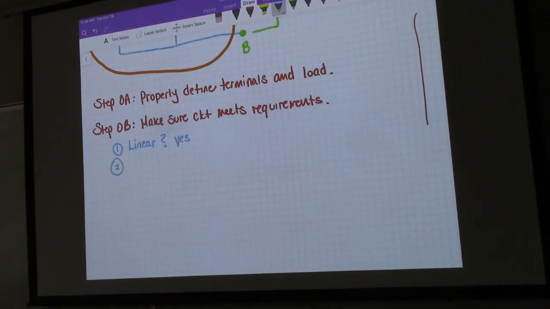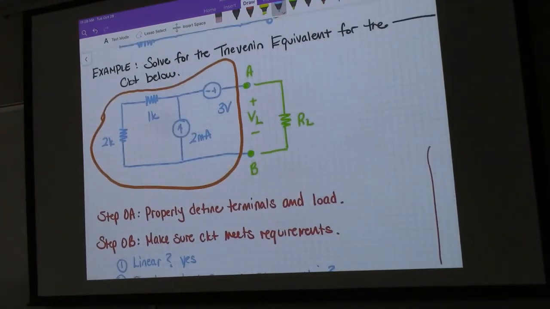Number 2, do the dependent sources stay within our subcircuit? Again, that means, do they refer to values that are within the orange area? We don't have any dependent sources, so we don't have to worry about that here.